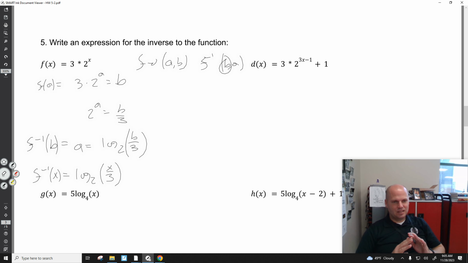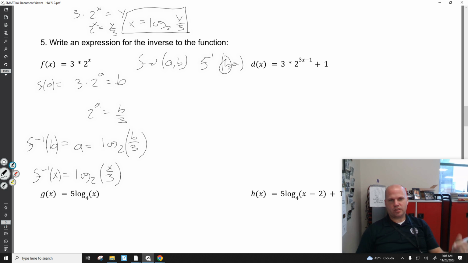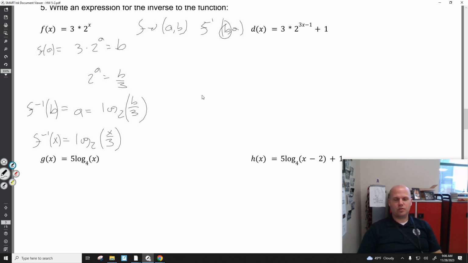The other way Mr. Huffaker does is he says just solve for X. This is your expression. X equals log base 2 of your Y's over 3. If you're looking at your answer, you just replace that Y with an X. I'll do it both ways. I don't want to confuse you.